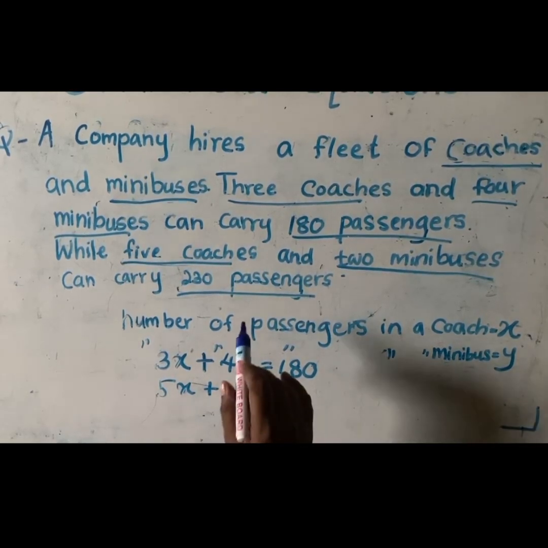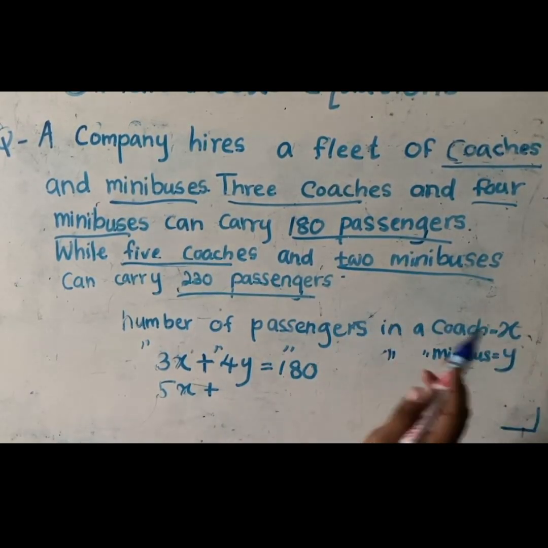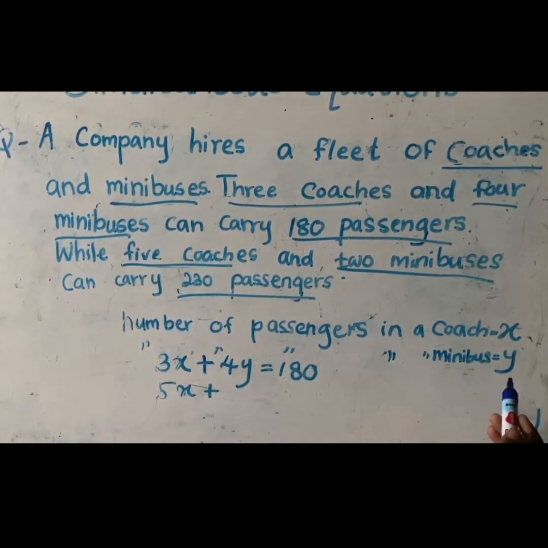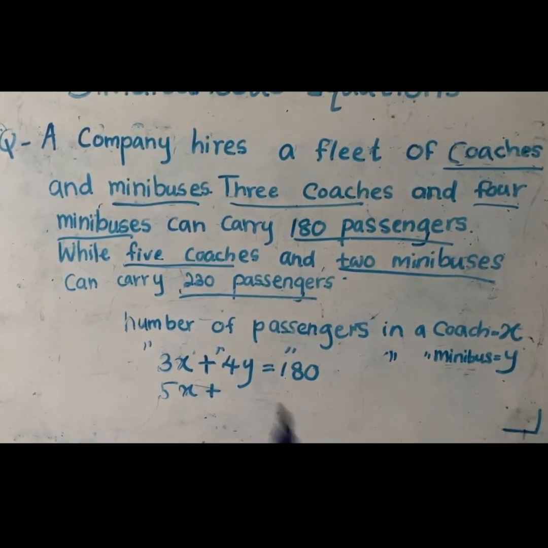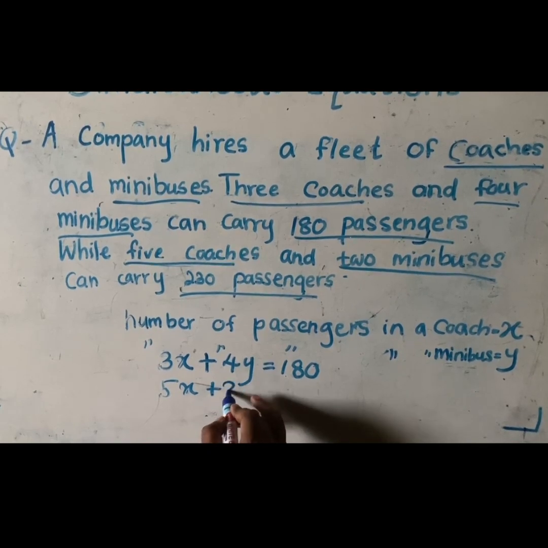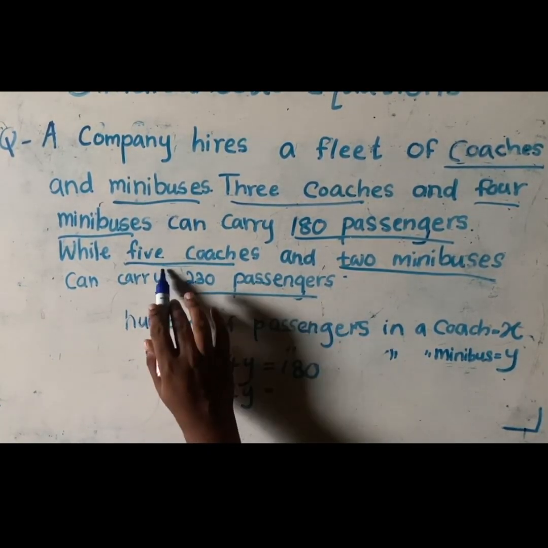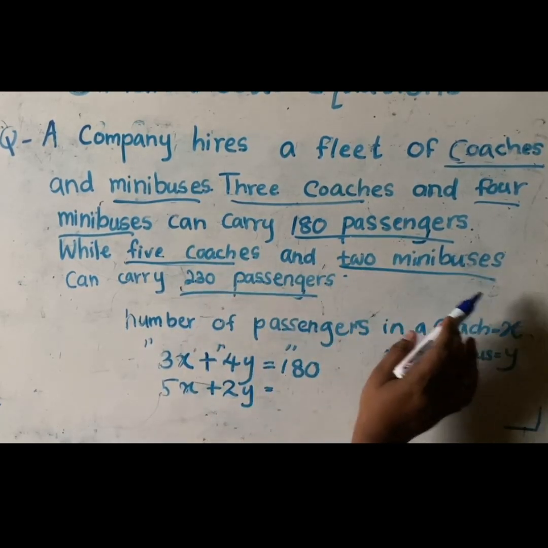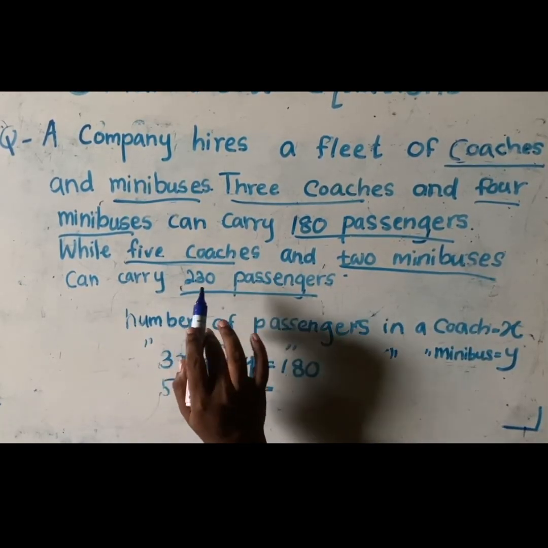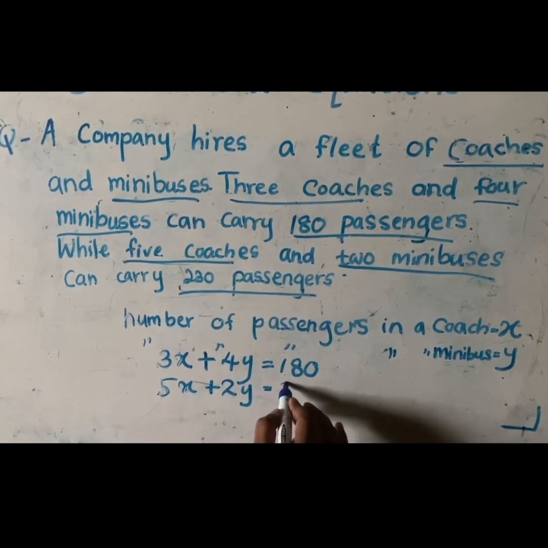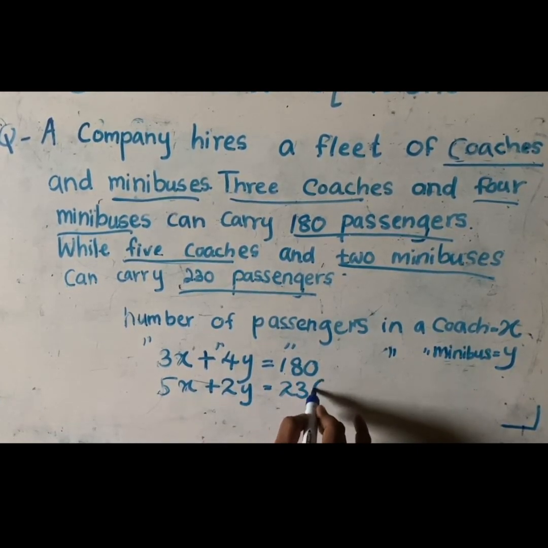Then the number of passengers in 2 minibuses: in one bus there are Y passengers, in such two there are 2Y. 5 coaches and 2 minibuses can carry 230 passengers, so its total adds up to 230.